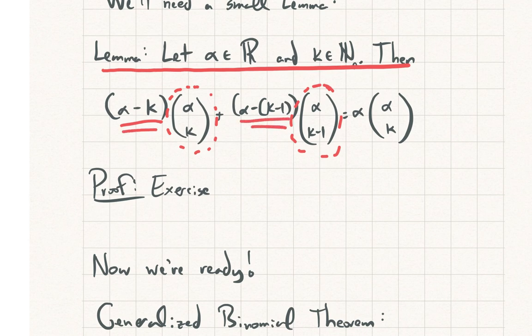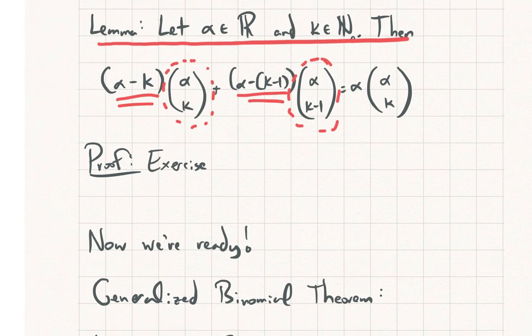So you should be able to show that this indeed does hold. And I'll leave that as an exercise. But now that we built up generalized binomial coefficients, we can indeed talk about the generalized binomial theorem.